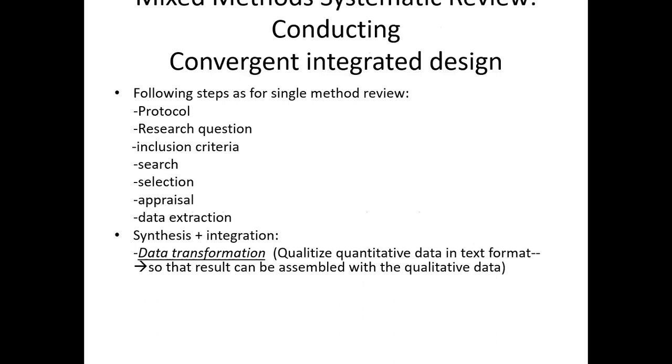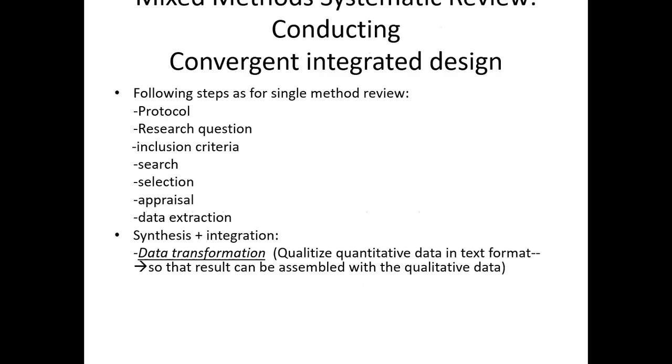So you have all the details here. How to conduct a convergent integrated design. Okay. Always the protocol is needed. Research questions should be analyzed. Inclusion criteria, search strategy, selection, appraisal, data extraction.